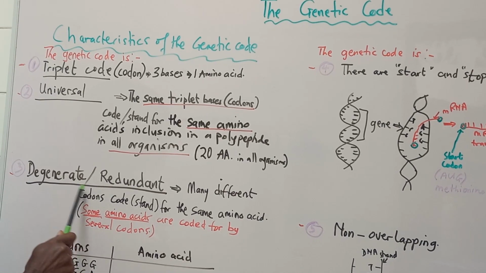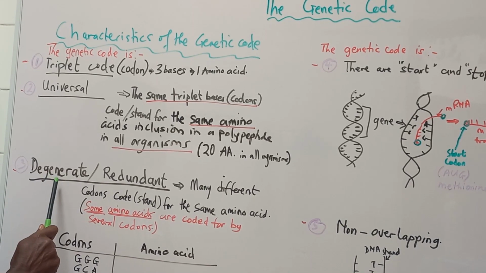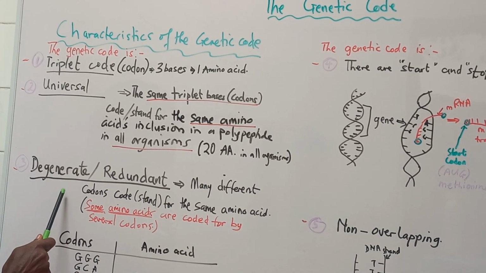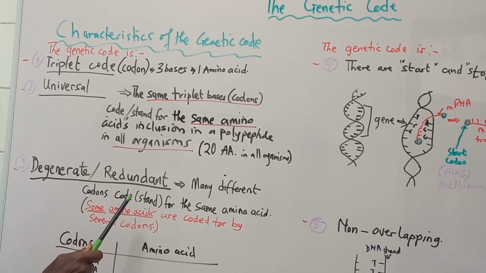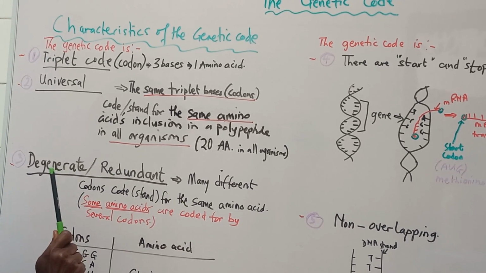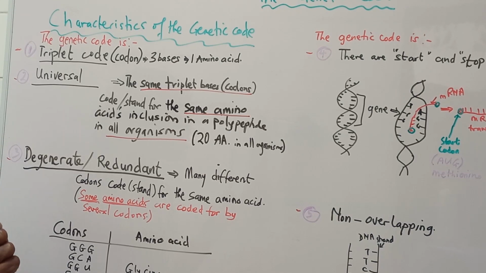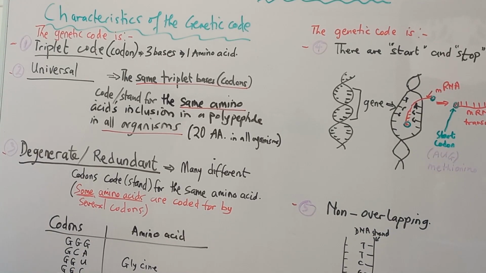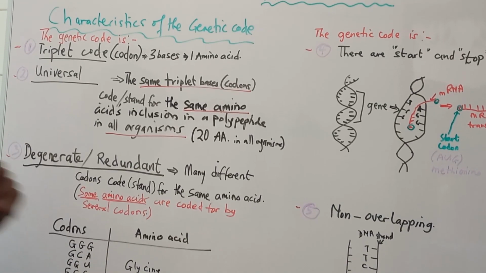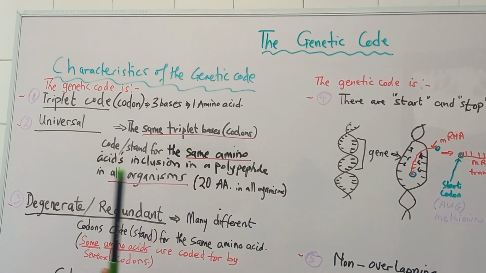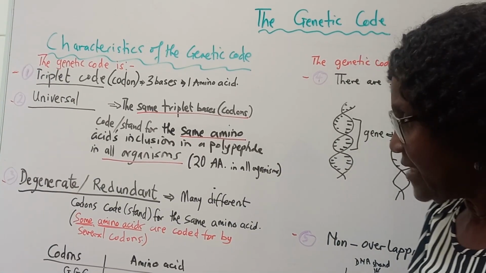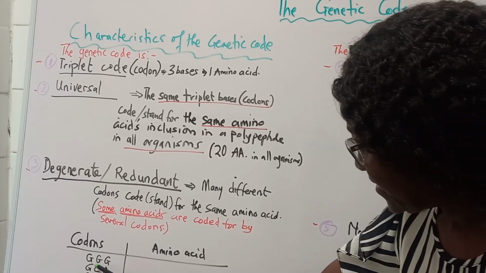Then the genetic code is redundant or degenerate. It means that many different codons stand for the same amino acid, or some amino acids are coded for by many codons. For instance, you have these codons.